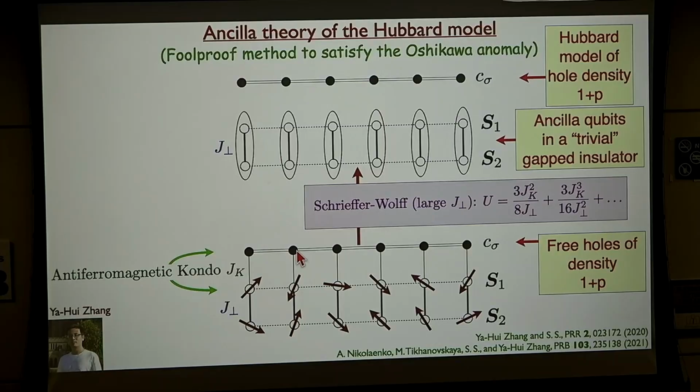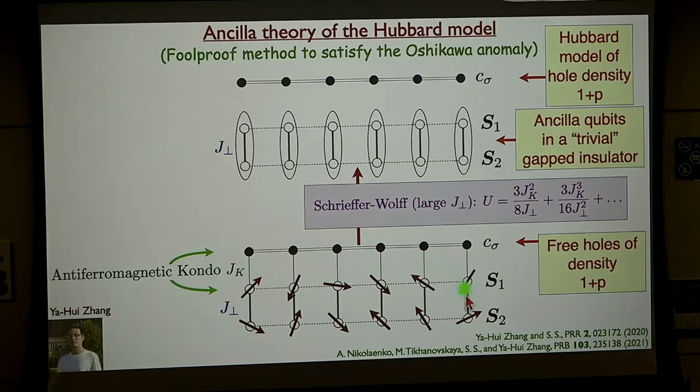So that's effectively what U is. U is something that lowers the energy of the half-filled sites. The other part is the chemical potential, which also gets renormalized a little bit. Anyway, so at least at large J perp, I can rigorously work with this model rather than that model.